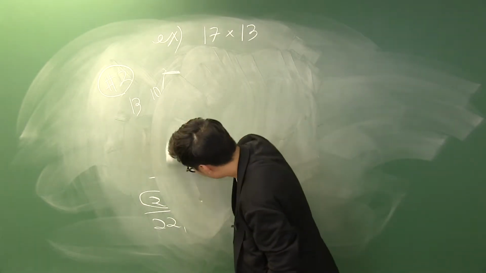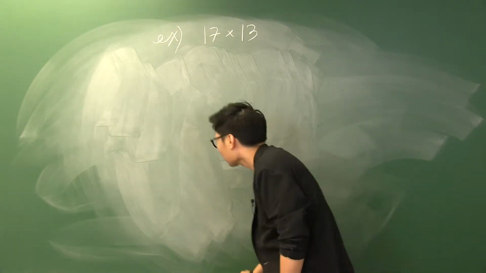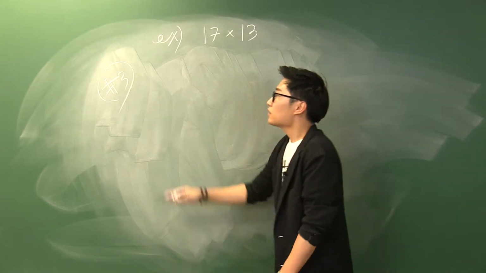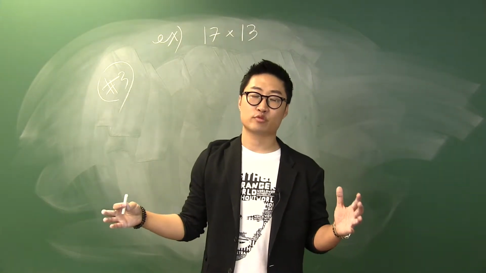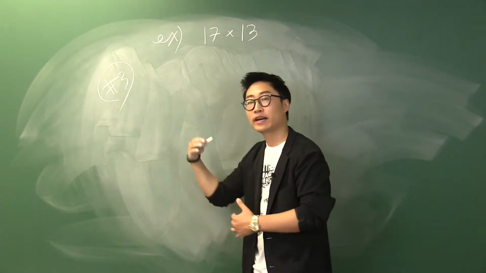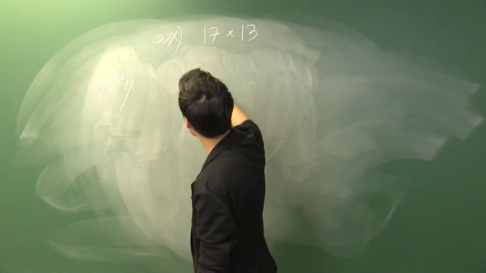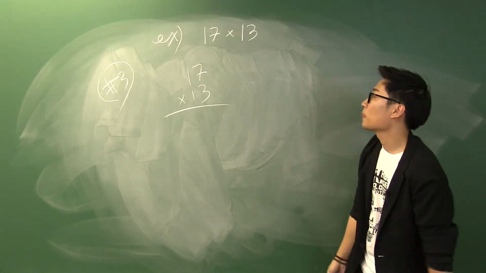And let's finally move on to method number 3. All right. This method number 3 that I'm about to show you, it's going to have some restrictions on when you can use it, but I'll explain that as I present this method. So 17 times 13. This is what I'm going to do.